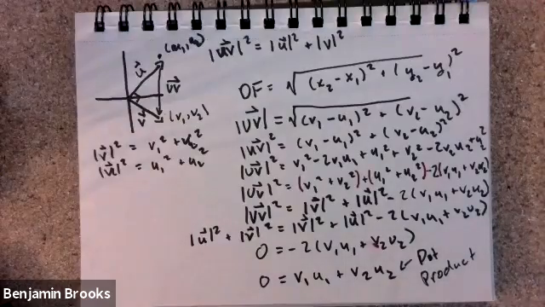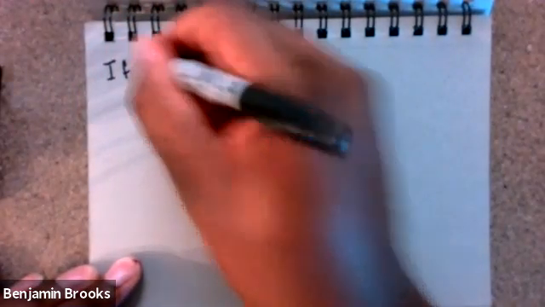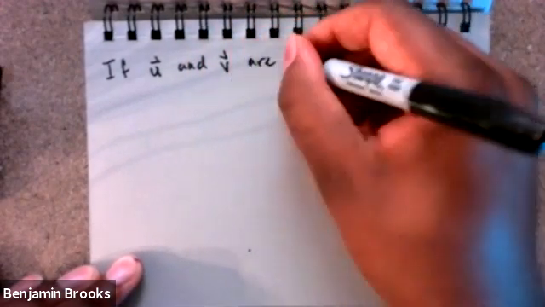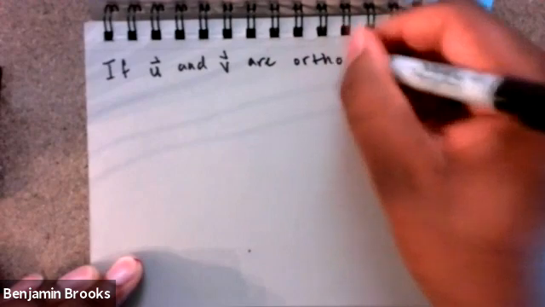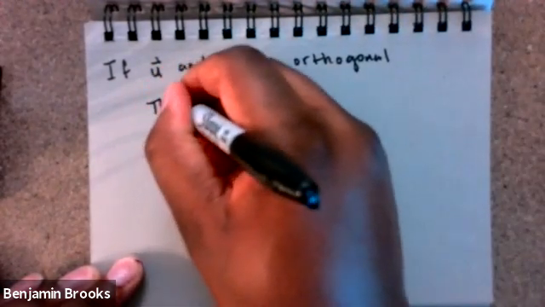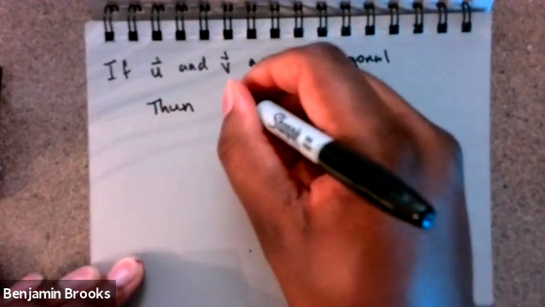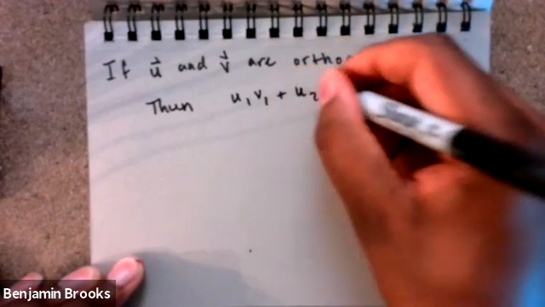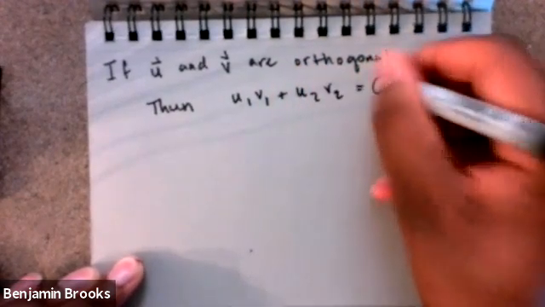So that brings us to our theorem. If vector u and vector v are orthogonal, then u1 v1 plus u2 v2 equals 0.